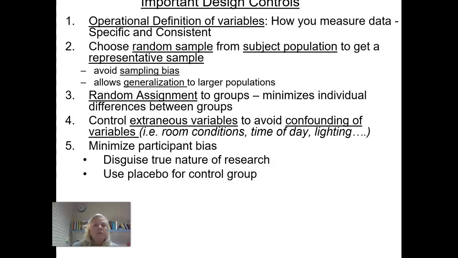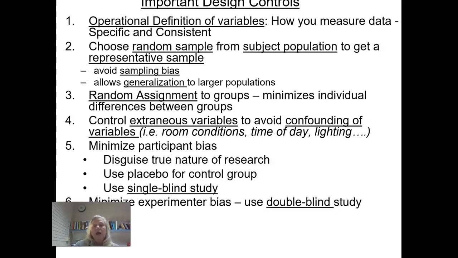In a really important PTSD study that was done for the drug propranolol, they used a placebo for the people who were in the control group, and they did not know if they were getting the placebo or the actual medication. Now, we use a single blind study when only the participants in the study do not know which group they are in.